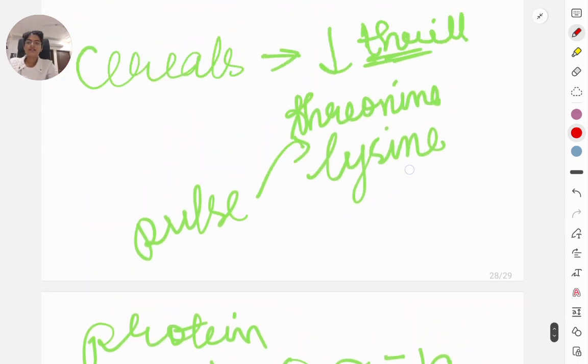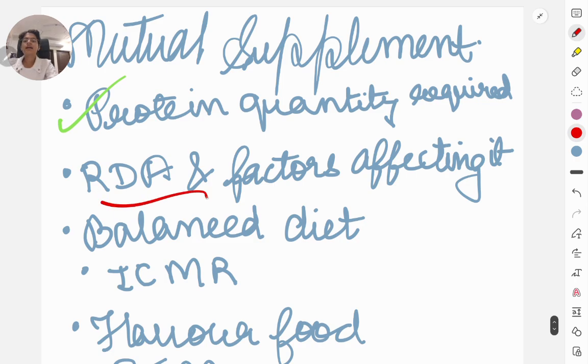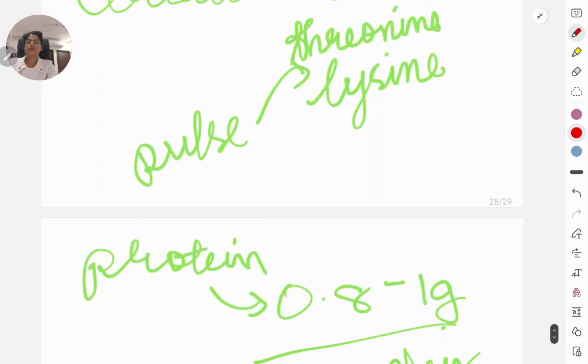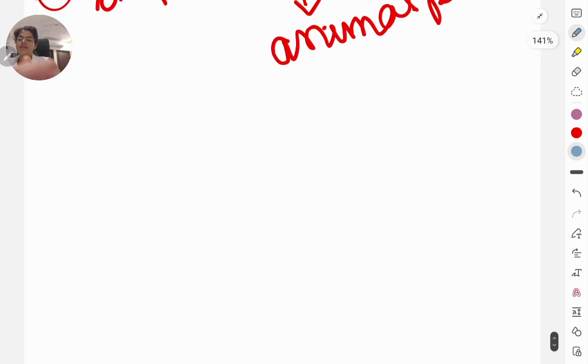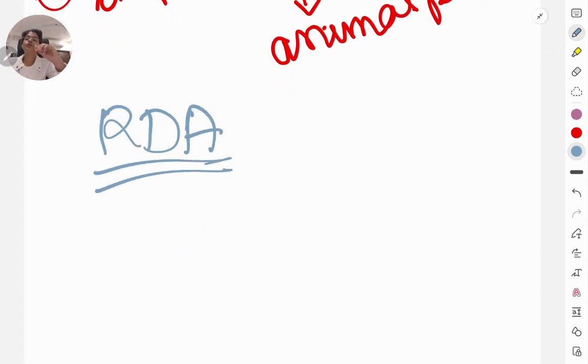Now let's see the next thing, RDA and the factors affecting it. RDA is the recommended dietary allowance. This is the amount of the nutrients that should be provided in a daily diet for optimum functioning of the body with good health, physically as well as mentally.